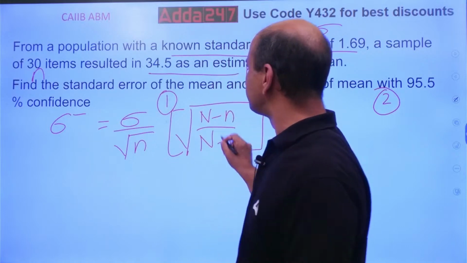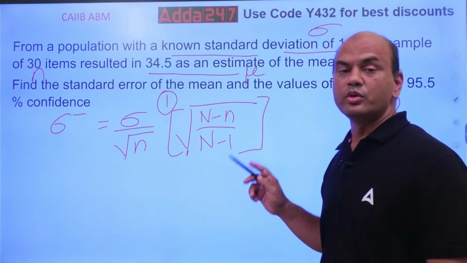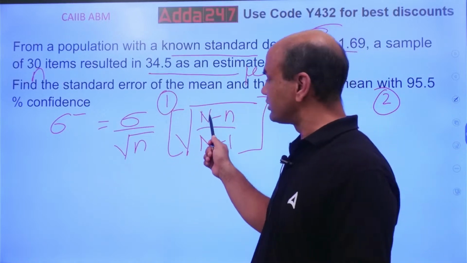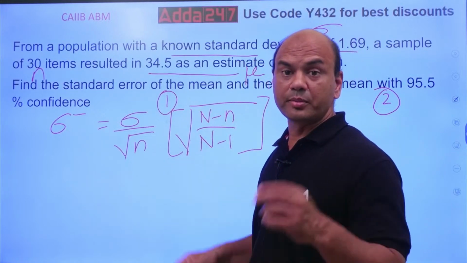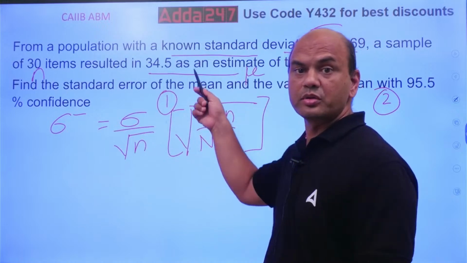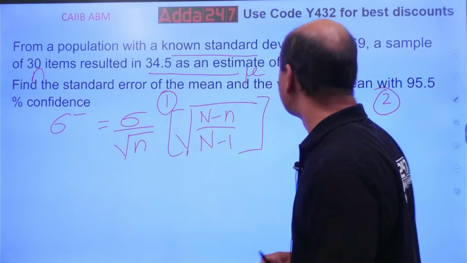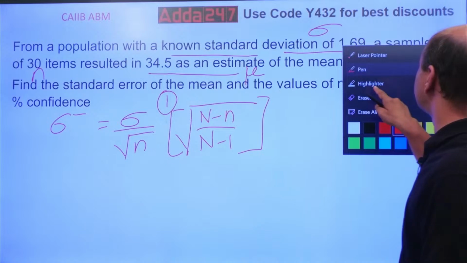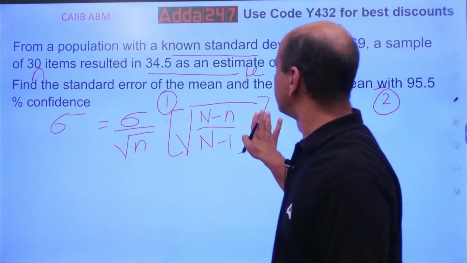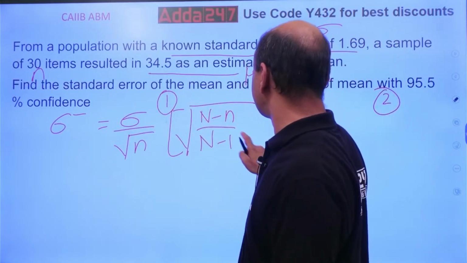But this is possible only when you know the capital N, the population. Here you don't know the population, so this is out. Remove this part.